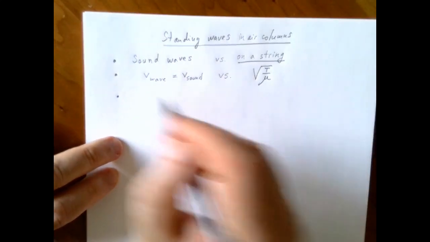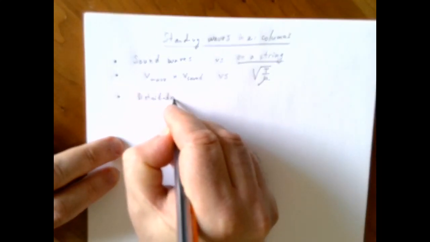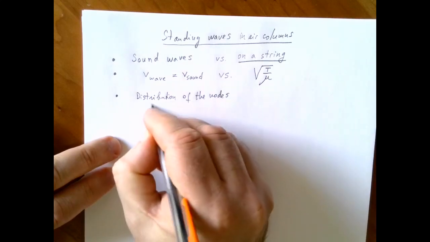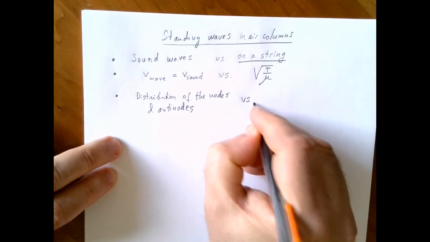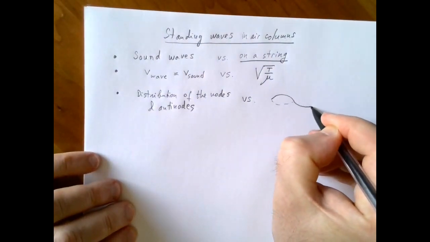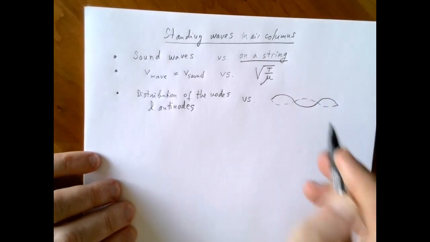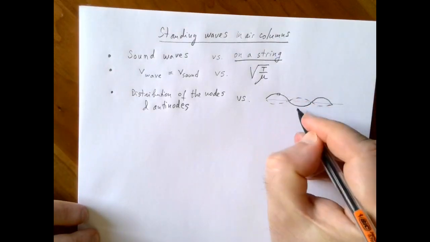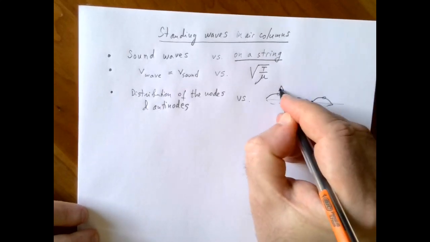It will be the distribution of nodes and antinodes, right? And we'll compare this to the distribution of the nodes and antinodes in a string. It is this picture that we are all too familiar with, in which these were the antinodes and these were the nodes.